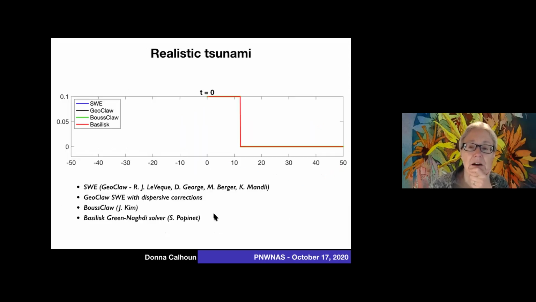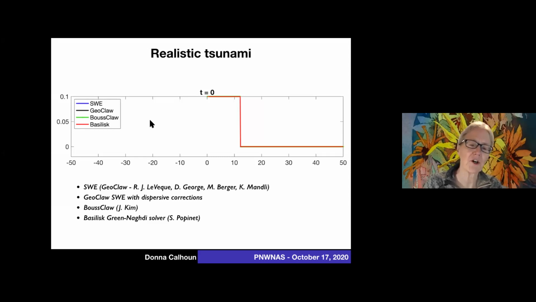Okay, so if we go ahead and solve this, I've solved this using 4 different codes. First, just the shallow water wave equations, so we can see the difference between the shallow water equations without any dispersive terms and with dispersive terms. There's my implementation, which uses the GeoClaw solvers with the dispersive corrections that I just discussed.